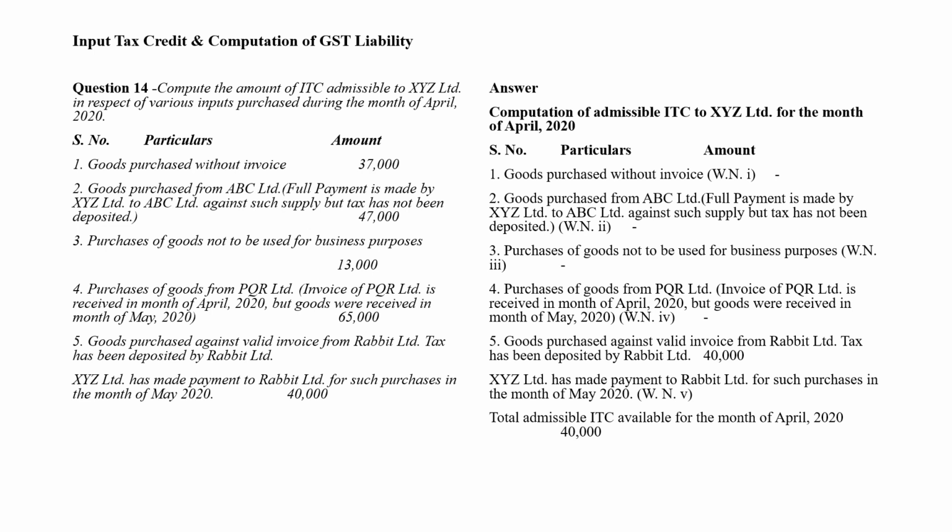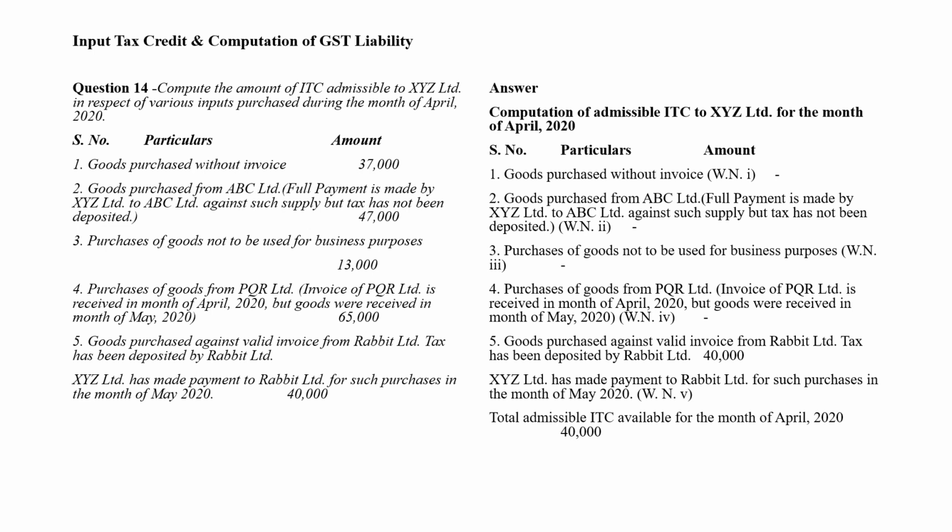Second, goods purchased from ABC Limited, full payment is made by XYZ Limited to ABC Limited against such supply, but tax has not been deposited, 47,000. Purchase of goods not to be used for business purposes, 13,000.